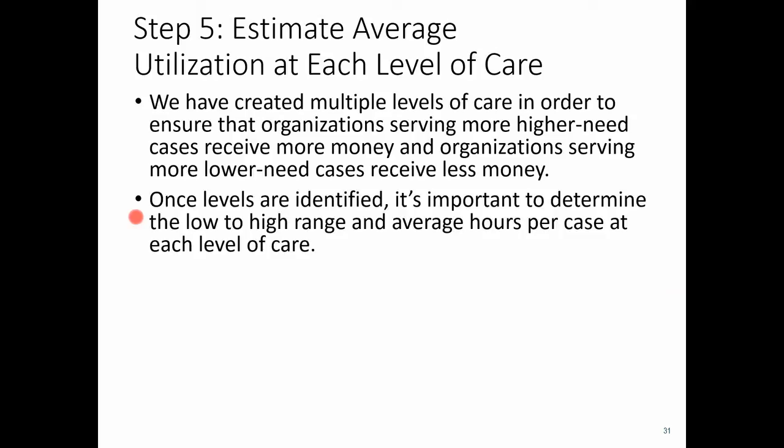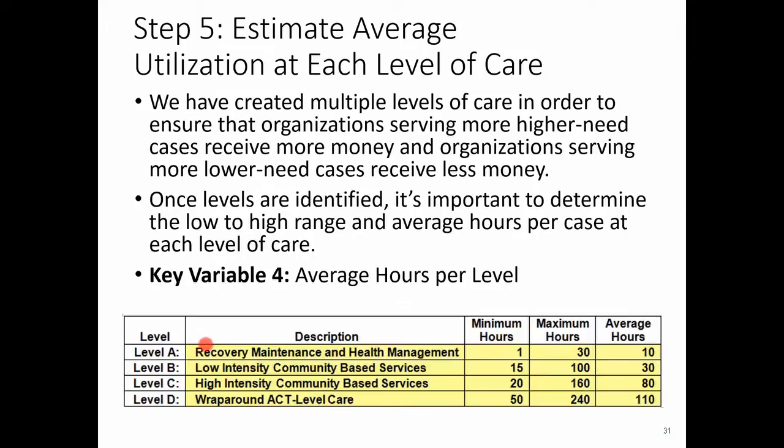And once levels are identified, it's important to determine the low to high range and average hours per case of each level of care. So here I have my 4 levels, A, B, C, and D. I have my average hours at 10, 30, 80, and 110, and I've gone in and created ranges.